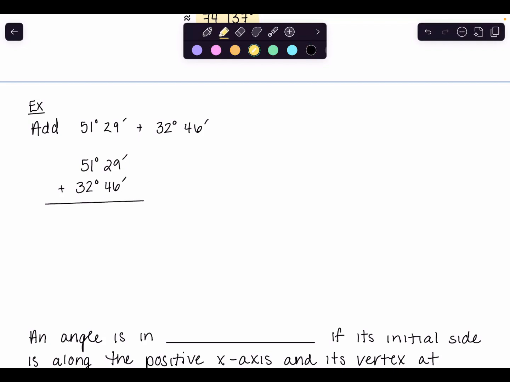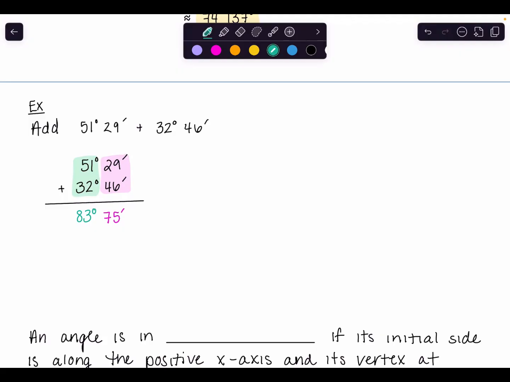So if I start by going and adding those minutes together, 26 plus 46 is going to give me 75 minutes, okay? And then adding the degrees together, 51 degrees plus 32 degrees gives me 83 degrees, okay?